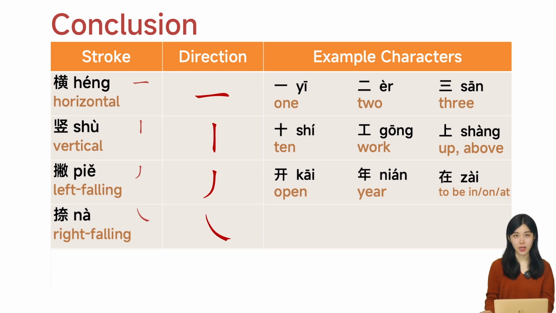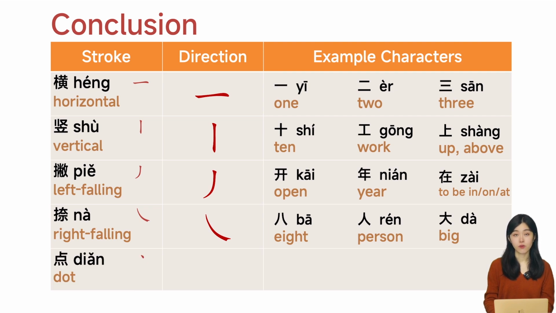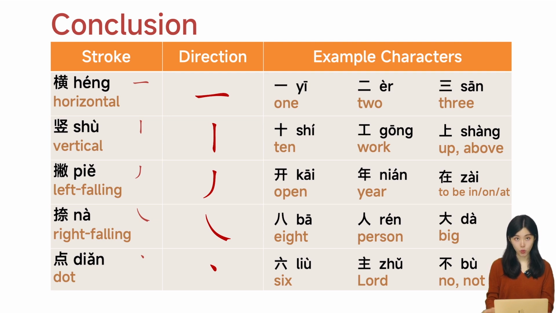Now, read the example characters. 八 人 大. Finally, we'll learn about dot. Write it from the top to the right bottom, short and quick. Read the example characters. 六 主 不.